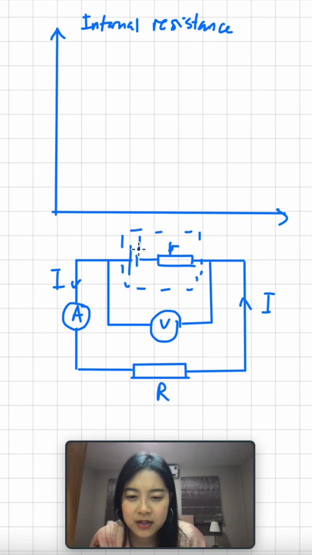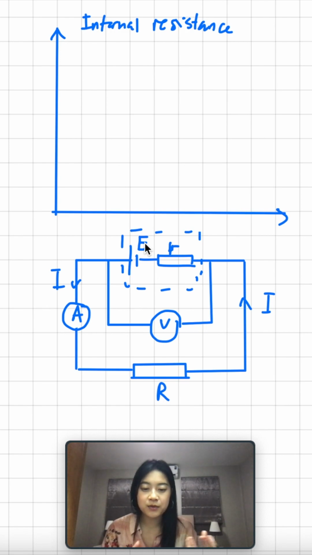Now that we have this, there's a relationship between all of these things. There's one other thing here, which is called E. E is the e.m.f., electromotive force, which is the energy of the battery before thinking about its internal resistance.